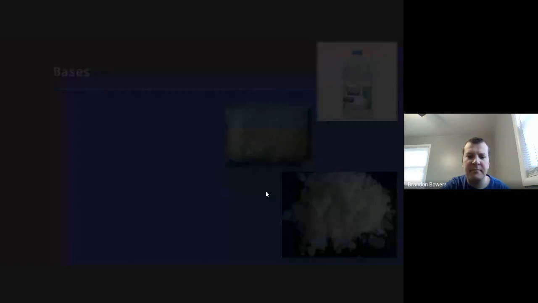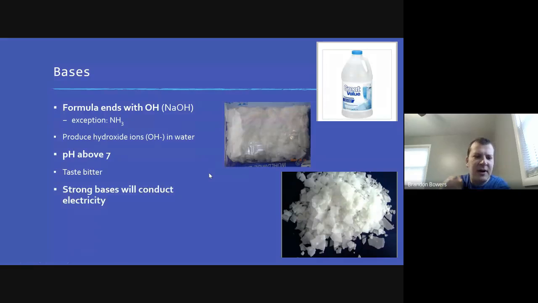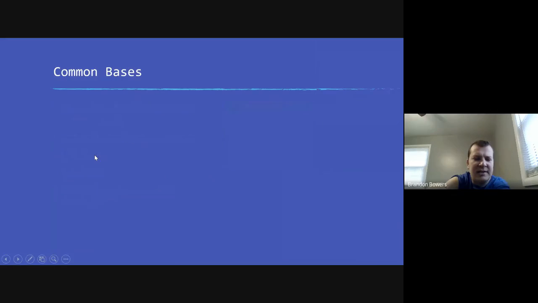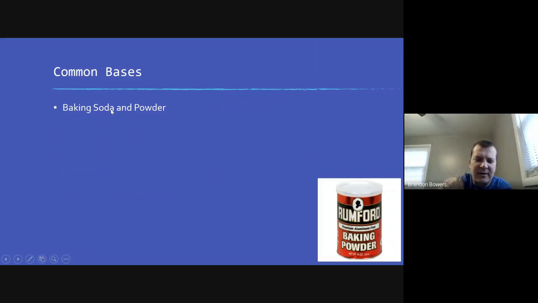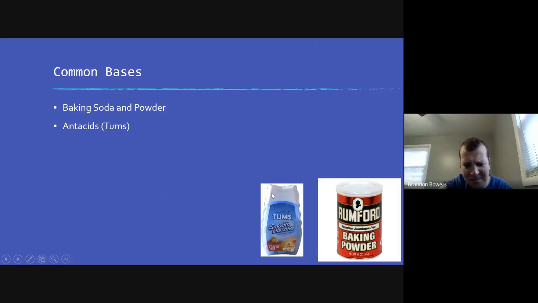Okay. So if we check this out, all right, bases are bitter and they conduct electricity. You don't need to write those last two. As long as you have a formula that ends in OH, it produces hydroxide ions, and the pH is above 7. All right, so common bases. Baking soda, okay? Tums.